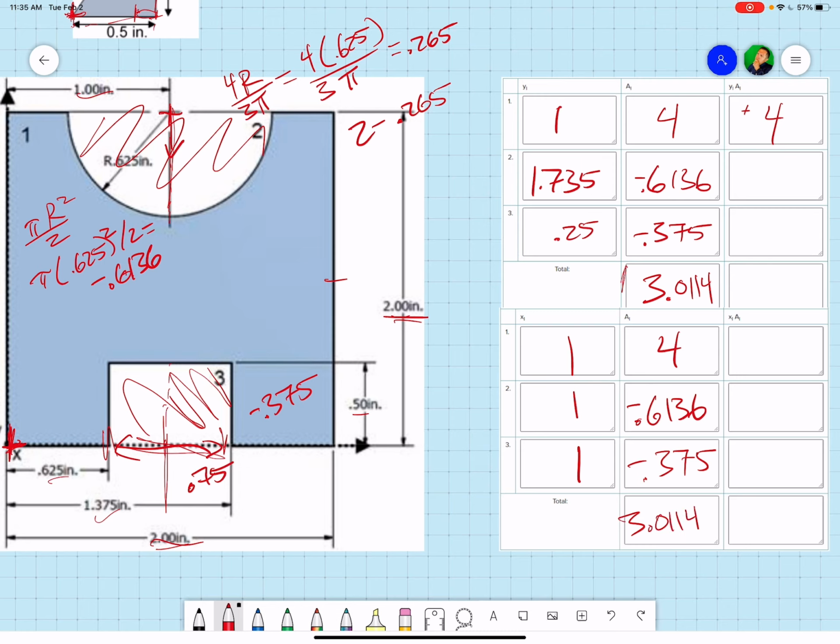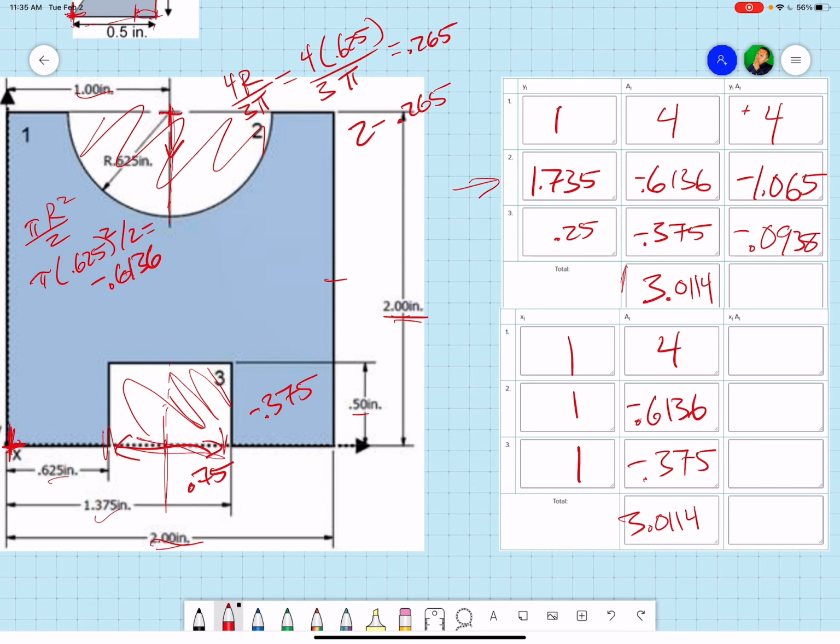Excellent. Okay. Now, let's multiply these out. So let's do this first line here. We have 1.735 times negative 0.6136, and we get a negative 1.065. All right, the next line, 0.25 times negative 0.375, and we get negative 0.0938.